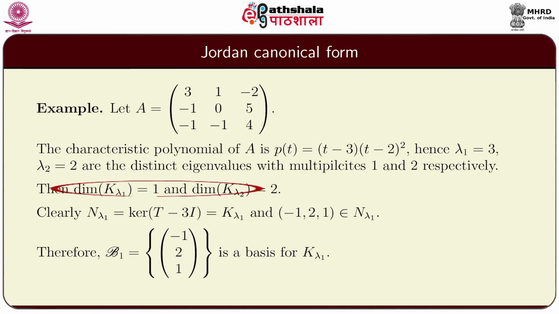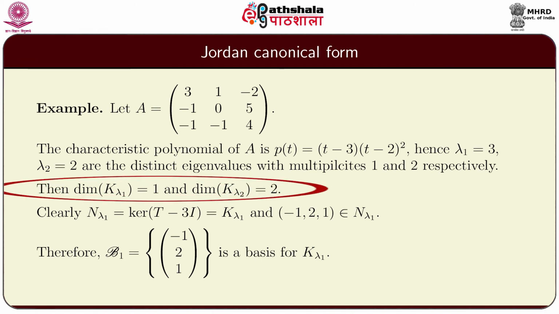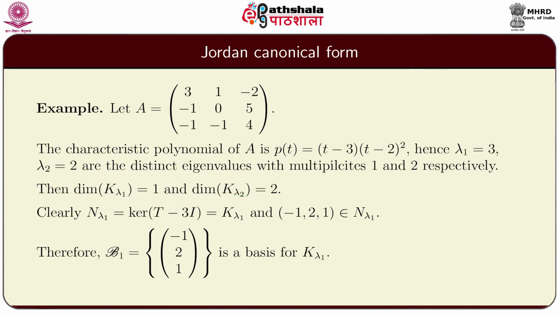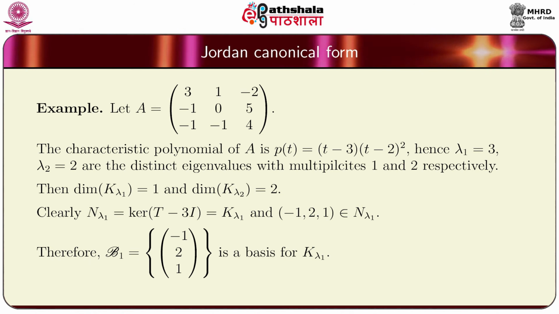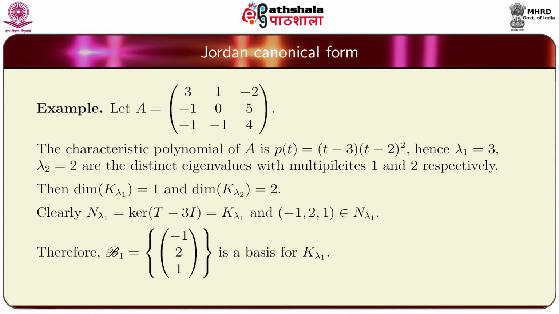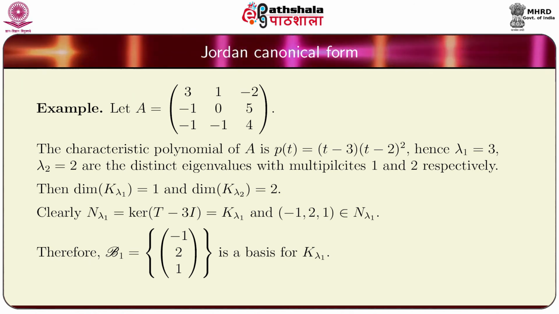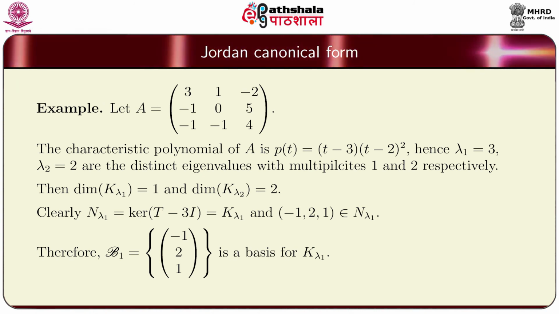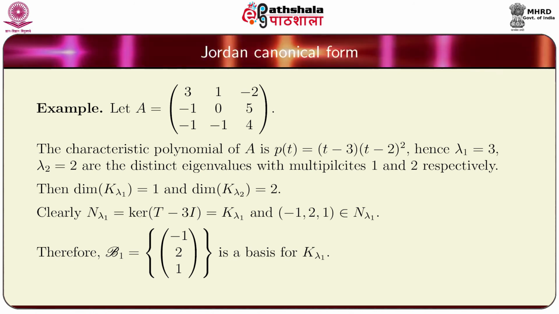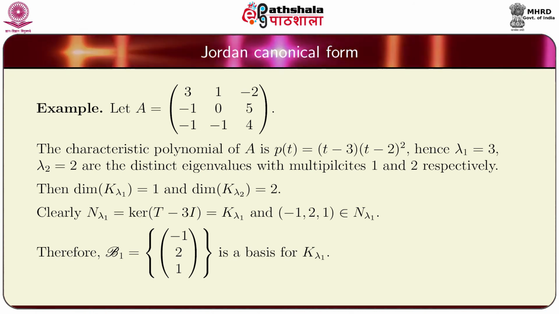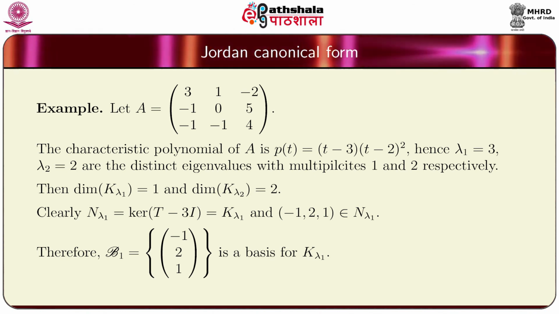Then dimension of K lambda 1 is 1 and dimension of K lambda 2 is 2, because the multiplicities are 1 and 2 respectively, and we know that dimension of the generalized eigenspace is exactly equal to the multiplicity of the eigenvalue.